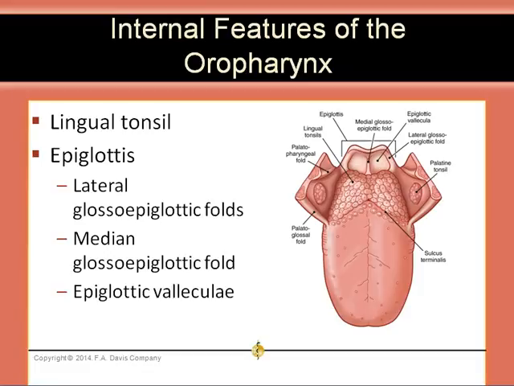Notice the relationship of the anterior pillars, posterior pillars, palatine tonsil, and lingual tonsils. The sulcus terminalis is the dividing line between the oral cavity and the oropharynx.